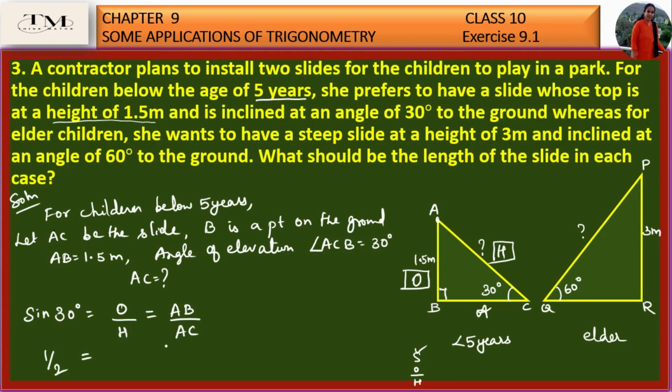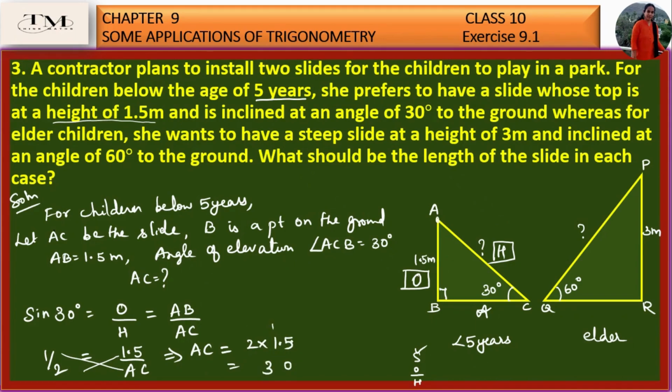We have to find out AC. What is AB? AB is 1.5. 1.5 divided by AC. So just cross multiply. 1 into AC is AC. 2 into 1.5. So 2 into 1.5 is 2 fives are 10. Balance 1. 2 into 1, 2. 2 plus 1, 3.